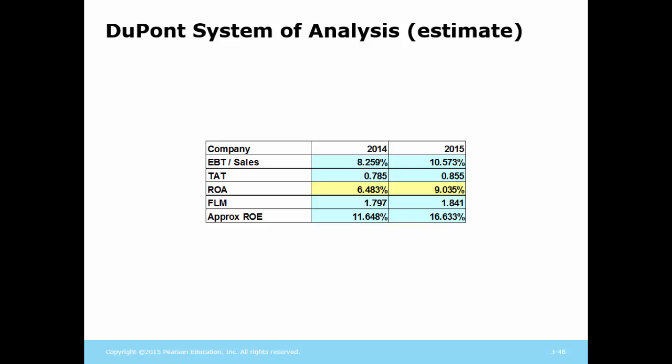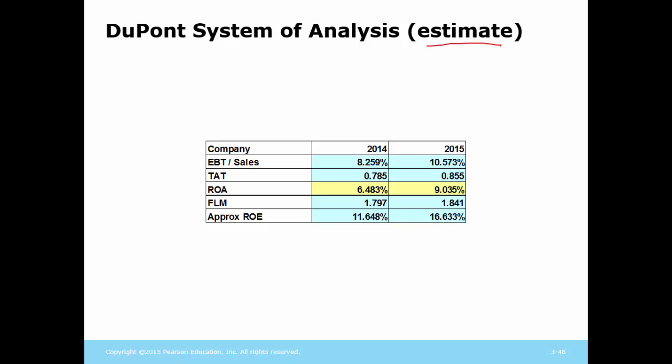And of course, from the financial spreadsheet, we can find out how this all works. Now this is referred to as an approximate because most of the industry data that you can get doesn't use net profit. They use EBT divided by sales. So this is an approximate return on equity.